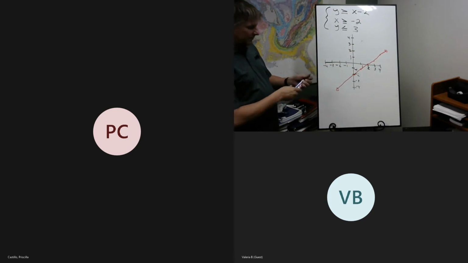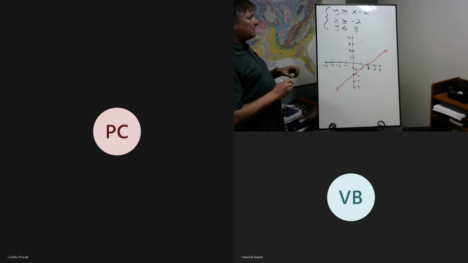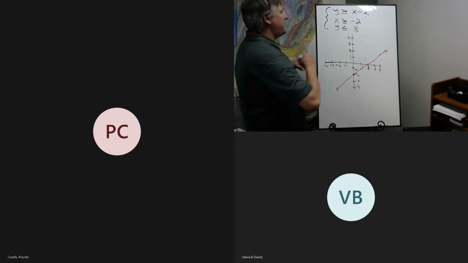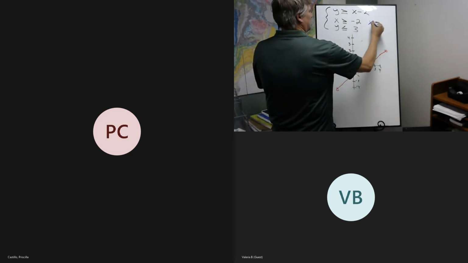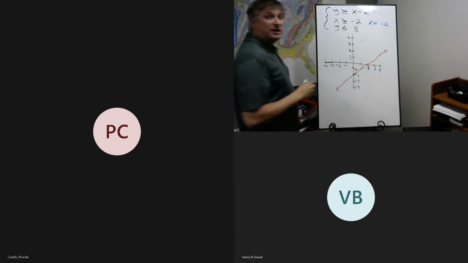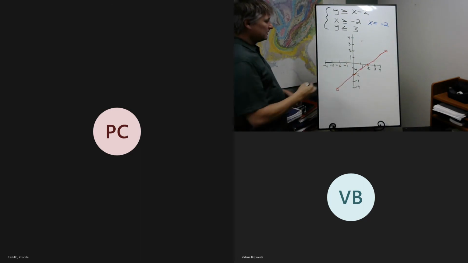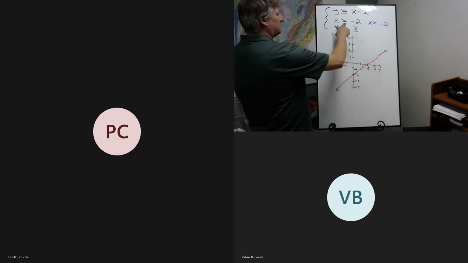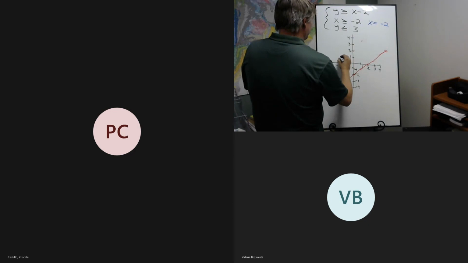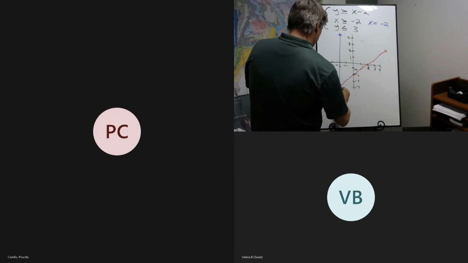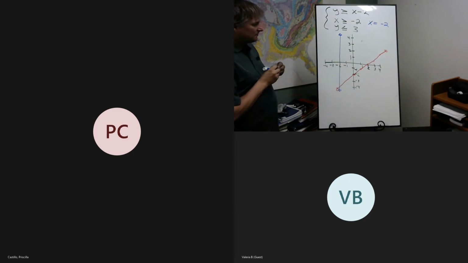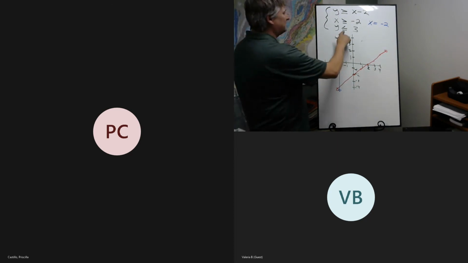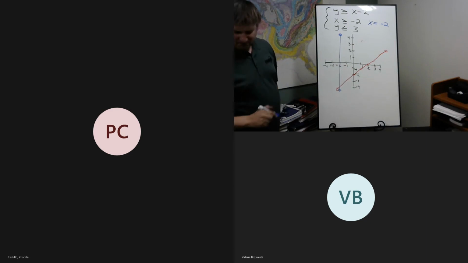Now, for x here, x greater than or equal to negative 2, we would treat this like it was x equals negative 2. And since we have a greater than or equal to, a solid line. And then finally, y less than or equal to 3.